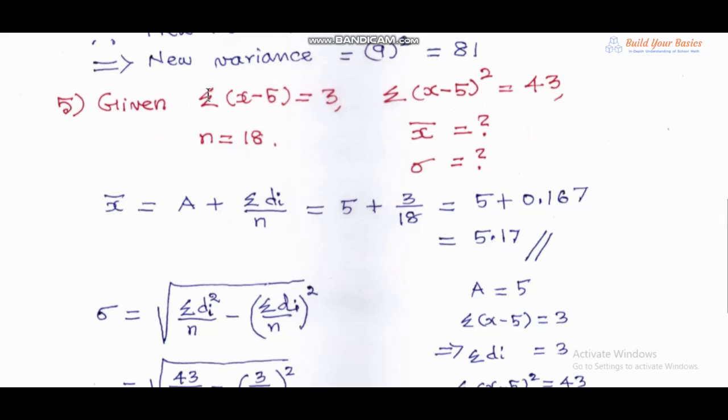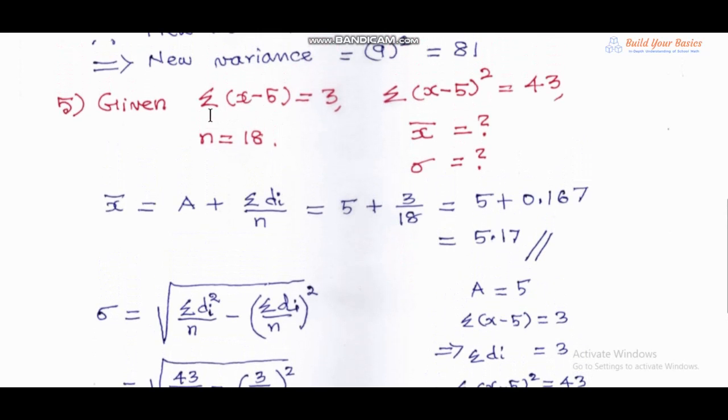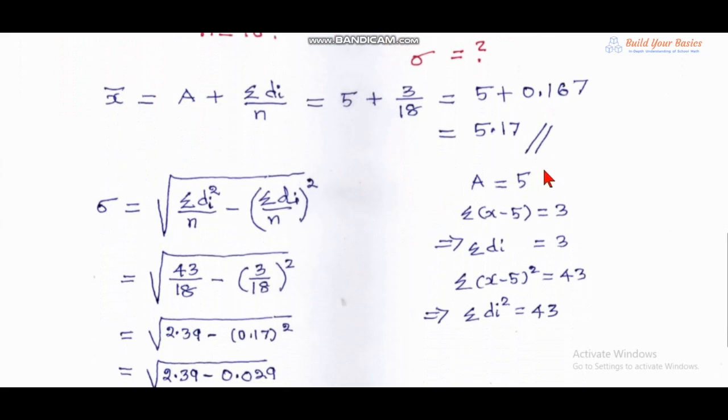So we are given sigma of x minus 5 equal to 3, sigma of x minus 5 whole squared equal to 43, n equal to 18. We have to find mean and standard deviation. Now sigma x minus 5 equal to 3 shows a equal to 5.